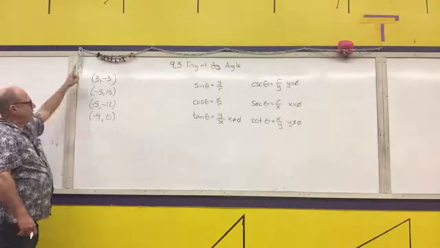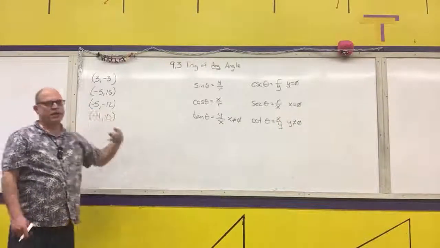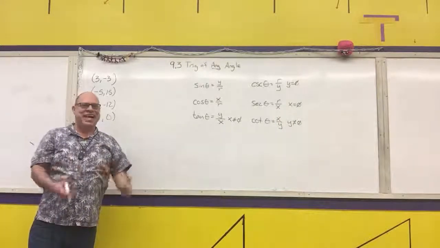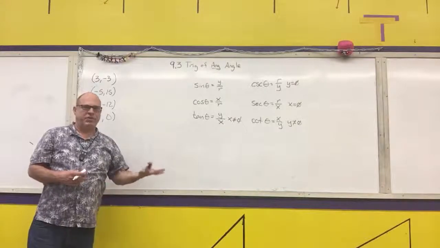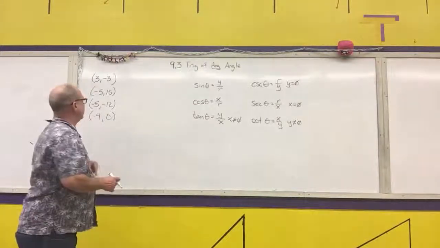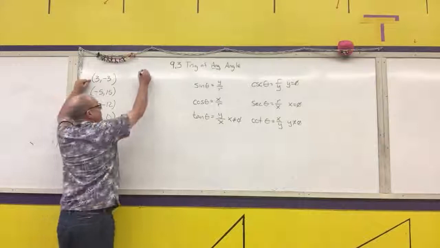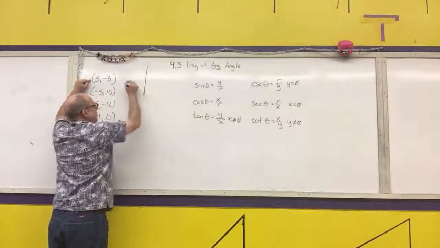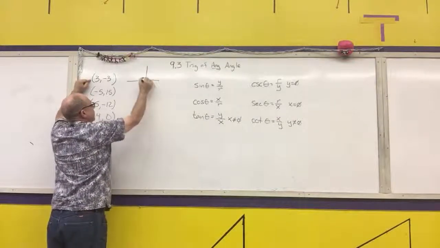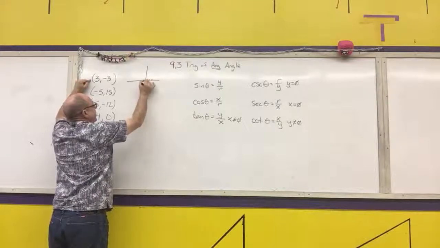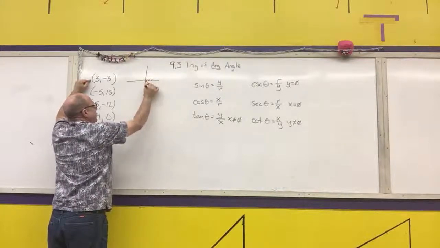And once I do these, we are going to come up with a way to figure out the signs of the trig functions depending upon which quadrant it is. So for (3, -3), here are the steps I want you to do. Plot the point, (3, -3). Draw it.